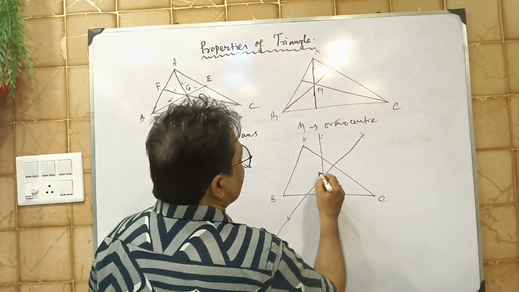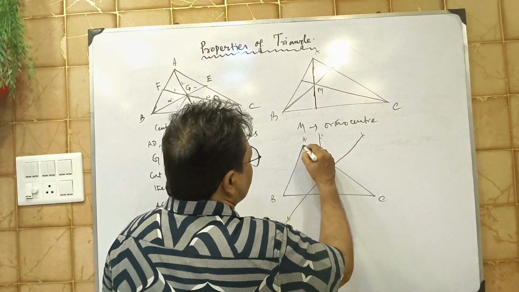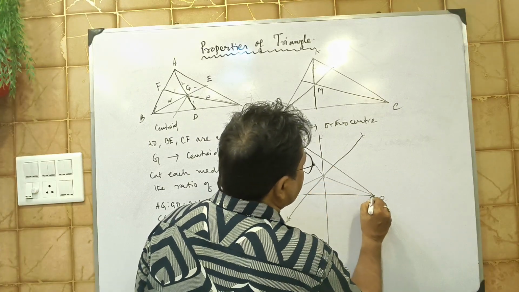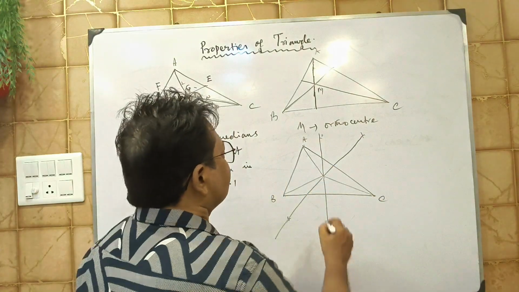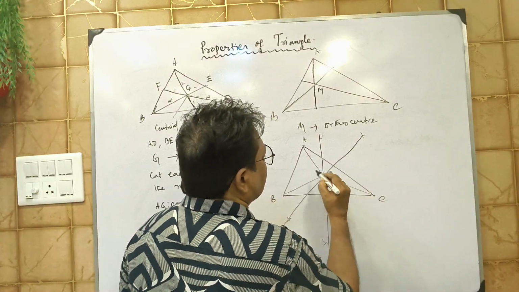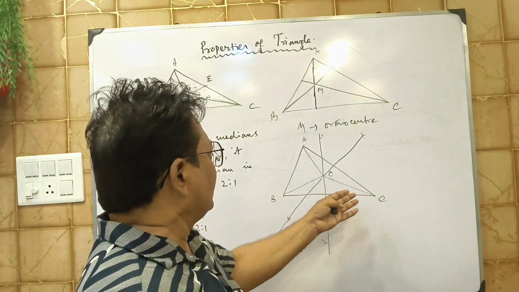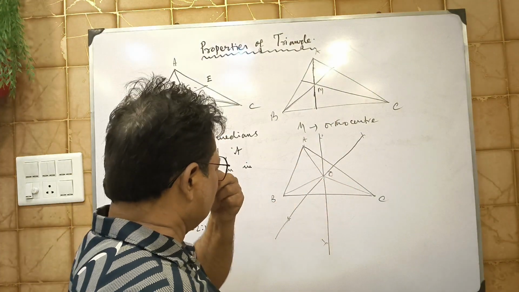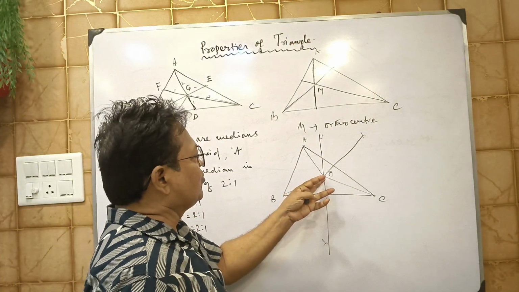Now join this point. They are equal in length, that is AO, suppose this. So here the perpendicular bisector of BC and AC intersect at a point O.